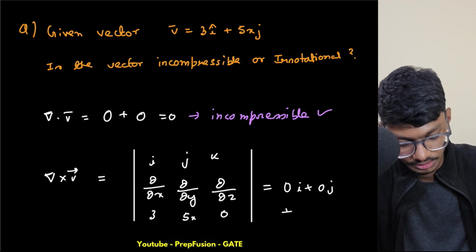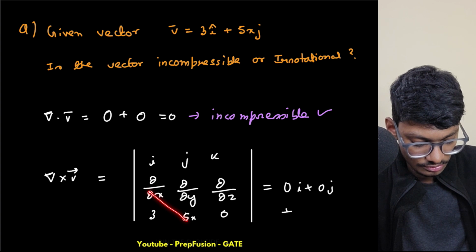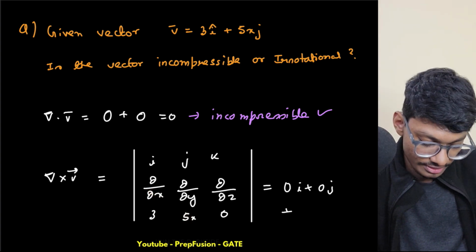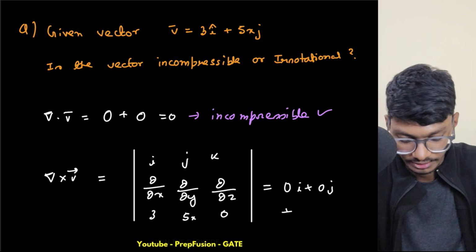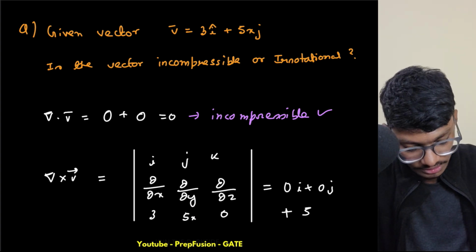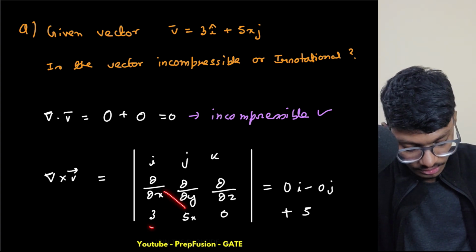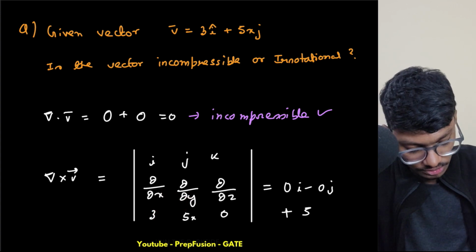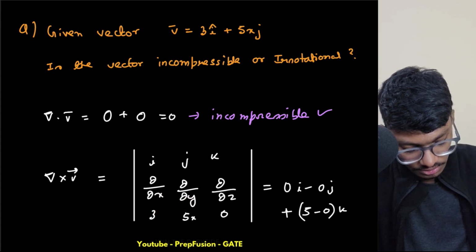What about the last component? So this is dx dy into 5x, so this is differentiation of 5x with respect to x, which is 5. This will be minus 3, it doesn't matter because this is 0 anyway, so this will be 0 times k.